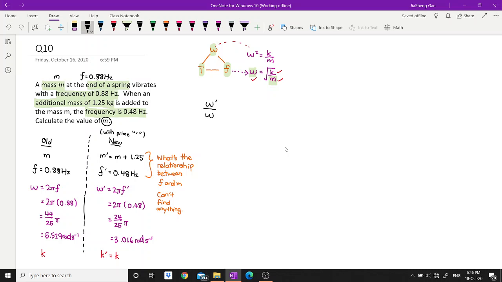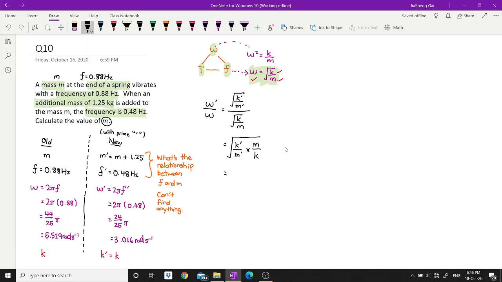You have the equation here, just apply this equation. So you know that it's equal to the square root of K prime over M prime, all of it in the new situation, and then for the old situation, square root K over M. Now to make this easier to read, I'll flip the denominator up, so it becomes times M over K.